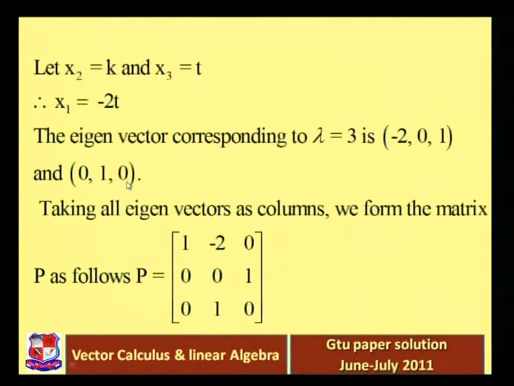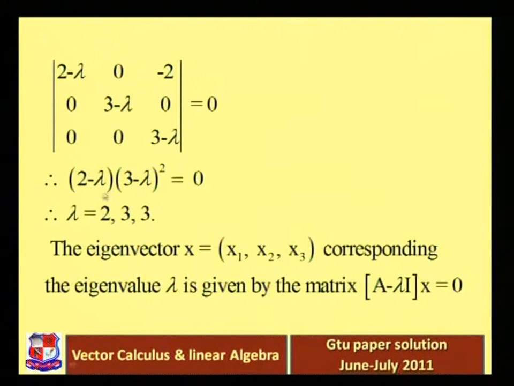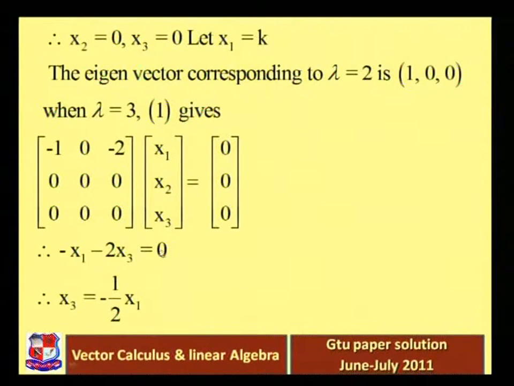Now taking all eigenvectors as columns, we form the matrix P. What is our matrix P? The first column is exactly the eigenvector corresponding to lambda is equal to 2, right? 1 0 0, you can see this 1 0 0 is the eigenvector corresponding to lambda is equal to 2.